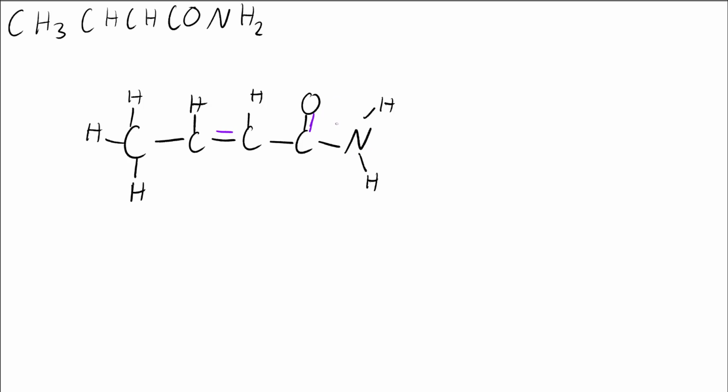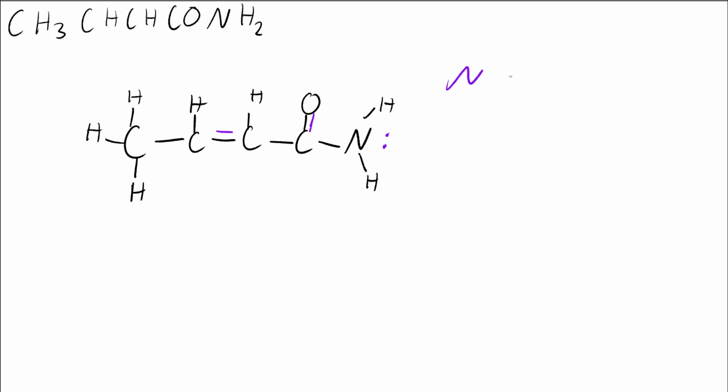Okay, so we need to figure out the formal charge for this molecule. Usually it's the thing at the end, but if you know that oxygen is neutral, carbon is neutral, then it's usually the nitrogen that it's attached to. So how many lone pairs does this nitrogen have? Well, we have 2, 4, and 6 electrons, and we always want 8 electrons, so it's 7 and 8 right there. Okay.